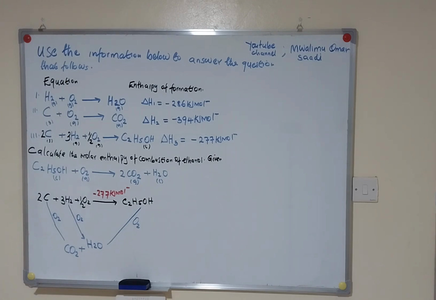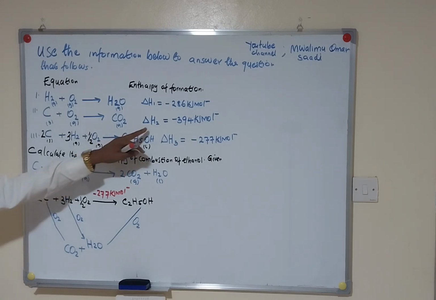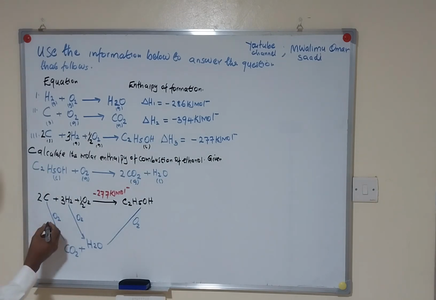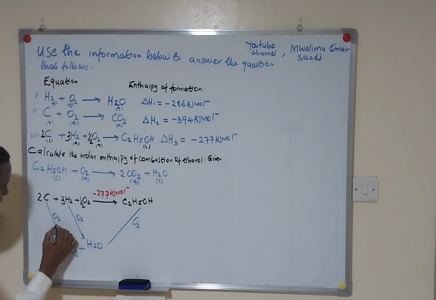So we give now the enthalpy changes. The enthalpy of combustion of carbon, here we have got negative 394 kilojoules per mole. So here we write negative 394.